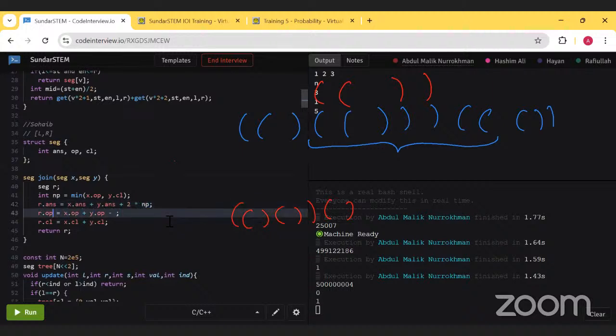And then this is not just the number of open brackets, but the number of open brackets that are not used yet. Okay, so if some of them are already used, then we can subtract that number. Okay, then you got it? Did you understand?